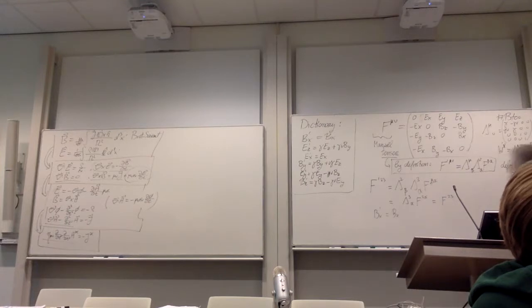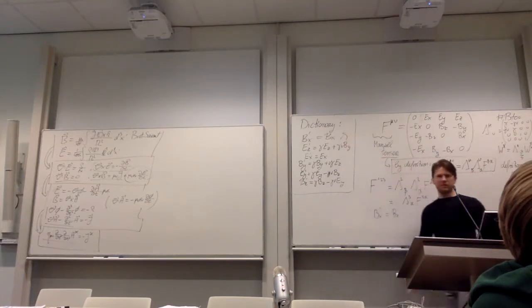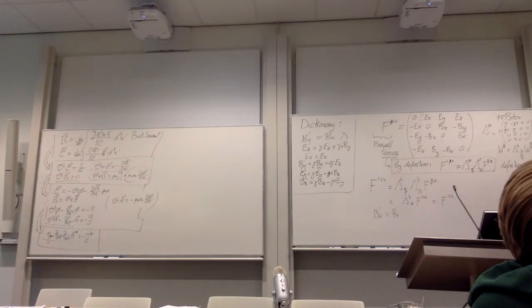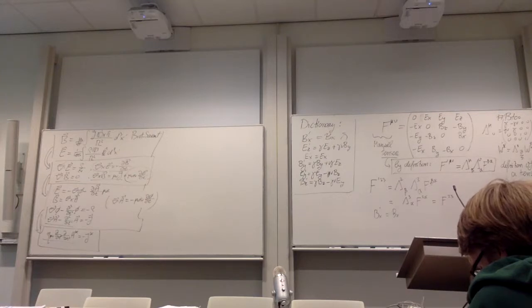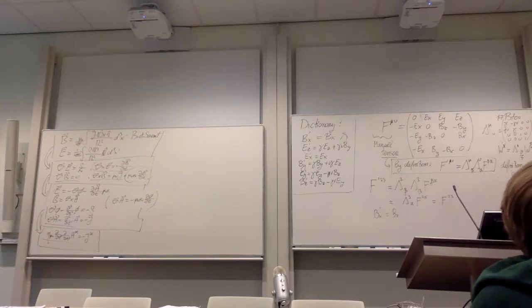Isn't that exactly what we already had? I thought nu was columns. No, mu is columns, yes. Well, depending on how you wrote it down, you're free to call the columns and the rows any symbol that you want. In my case, they were called mu is row, nu is column.